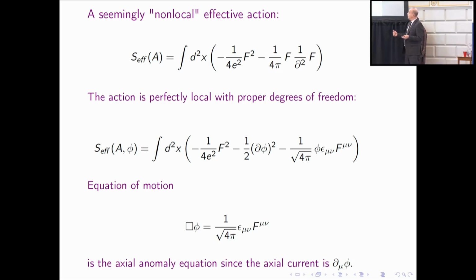So the lesson learned is this. For an anomaly to be captured in the action, if I insist on formulation of the theory only in terms of gauge fields, then it would look non-local. In order for it to be local, I would have to introduce some degree of freedom, which is a physical degree of freedom.